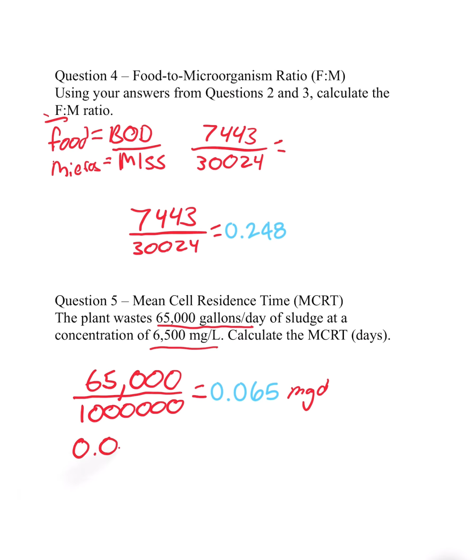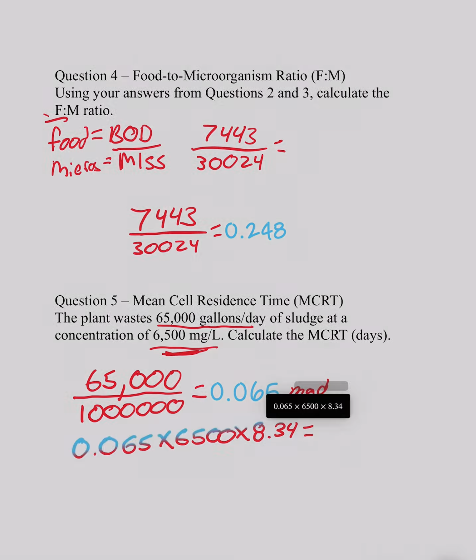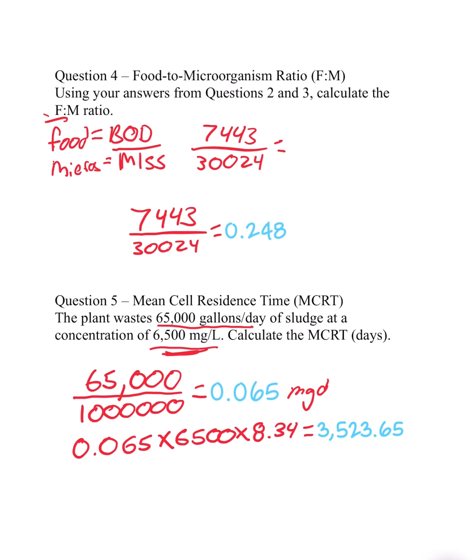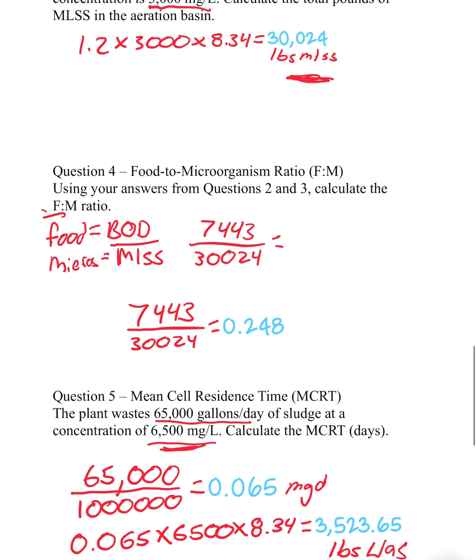So 0.065 times 6,500 from our concentration times 8.34 as our constant, and we have 3,523 pounds in our WAS.